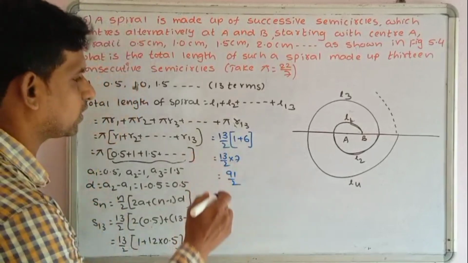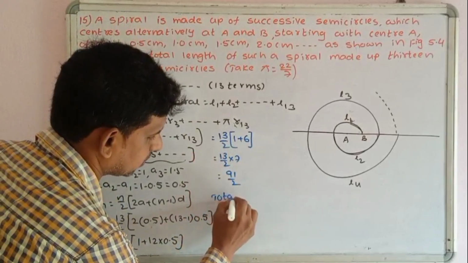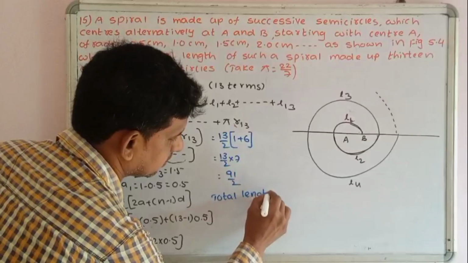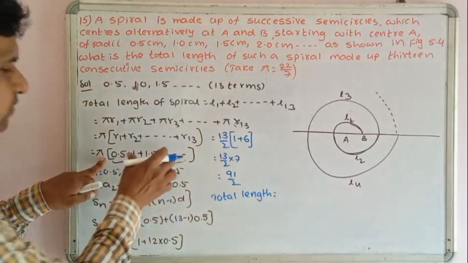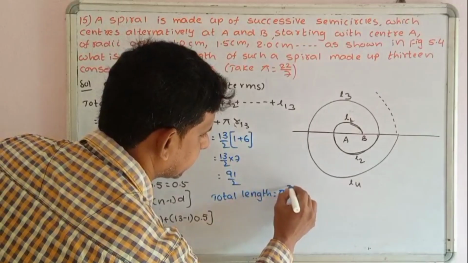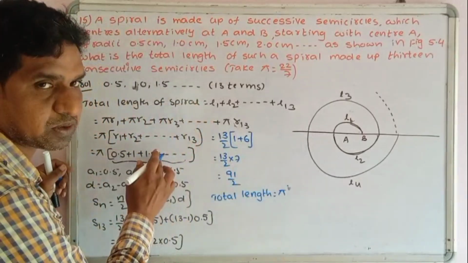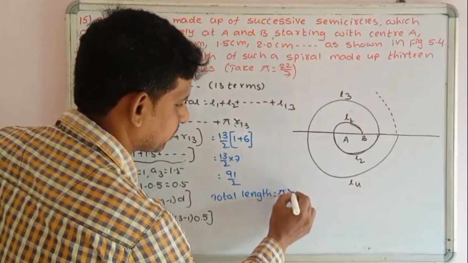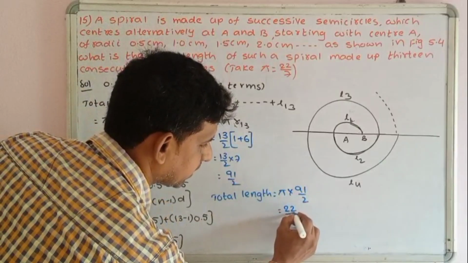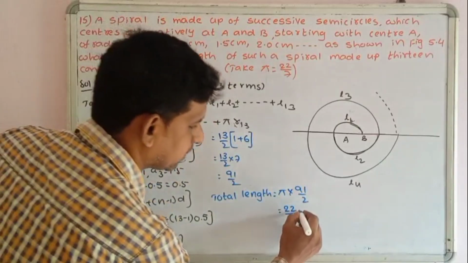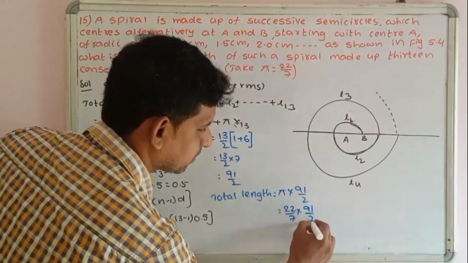Now we will find the total length. Total length equals pi times this value, 0.5 plus 1 plus 1.5 and so on, which is 91 by 2. So pi value is 22 by 7, and we have 22 by 7 into 91 by 2.